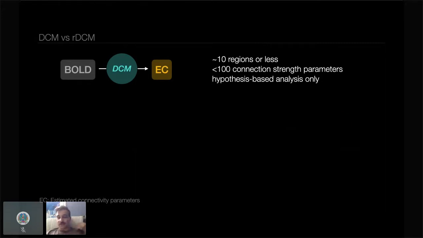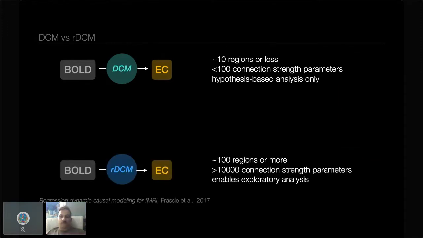So while DCM works under the correct conditions, it would be nice if there was a way to avoid these constraints, certainly for situations in which no well-informed hypothesis can be made. rDCM addresses this limitation of DCM. While rDCM and DCM provide models of comparable quality, rDCM is much more computationally efficient.